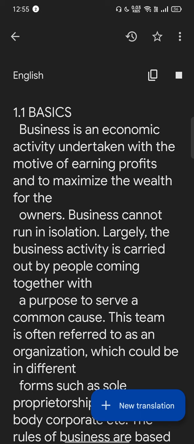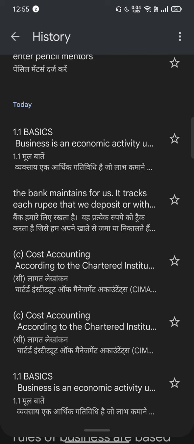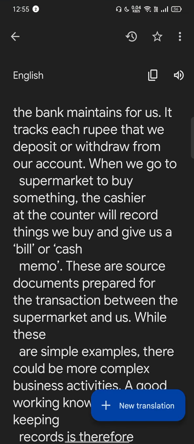indefinite future use. The most common accounting record that each one of us knows is a bank passbook or a bank statement, which the bank maintains for us.